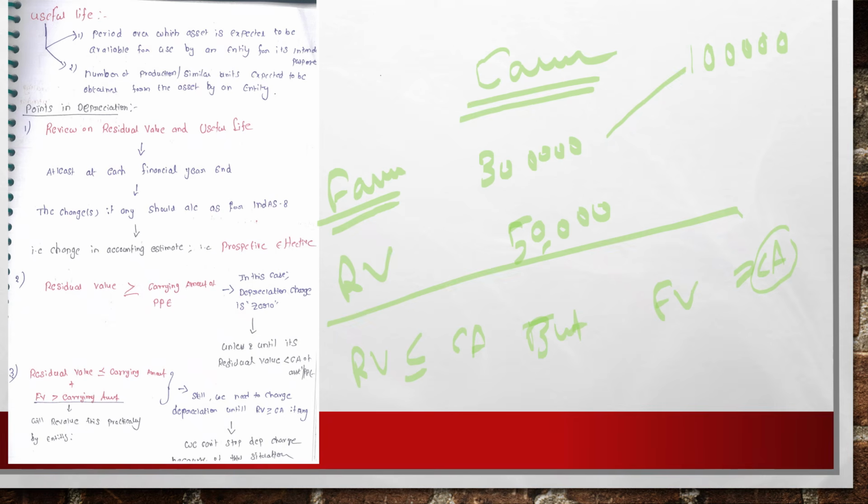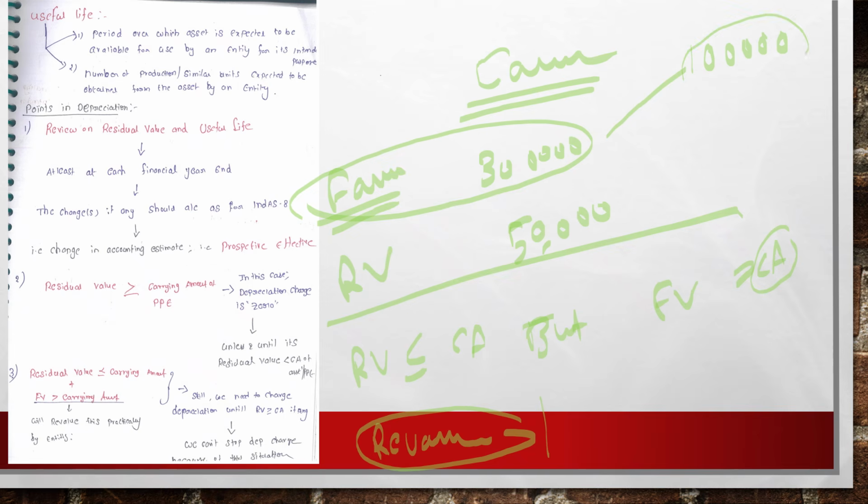In this situation, practically the entity will revalue your asset. But if you do not revalue in that particular year, you should not stop depreciation because your fair value is more than your residual value or more than your carrying value. You cannot assume that, so my fair value is more than my carrying amount, so I should not depreciate.